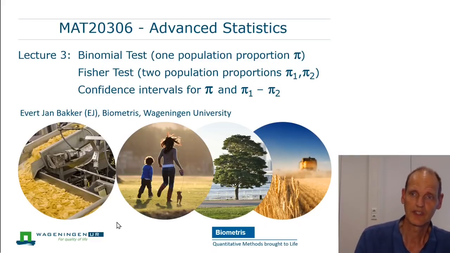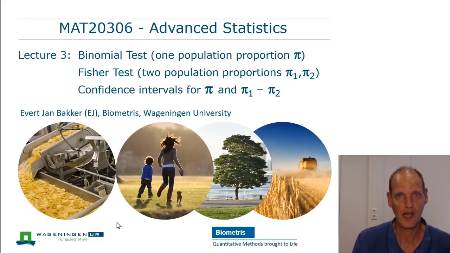Last week we discussed inference in cases of one sample, paired data and two independent samples, where the response variable was continuous and mostly normally distributed. Today we will look at similar situations, but with a response that is binary.